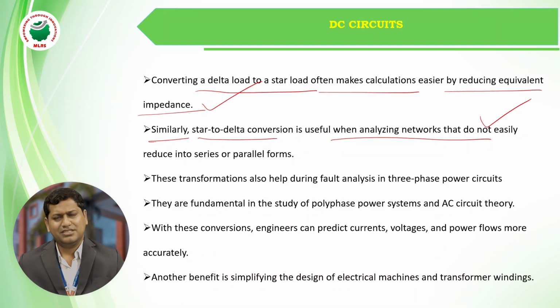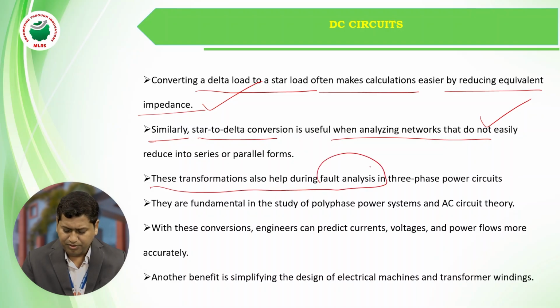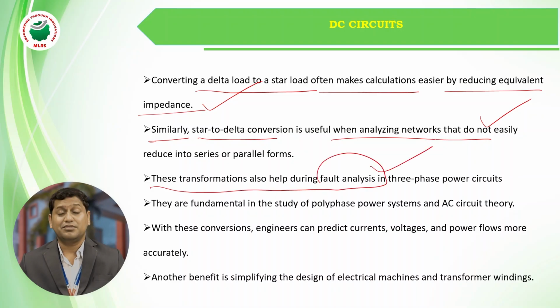Whenever resistances are in series, straight away we have a formula. Whenever resistances are in parallel, we have a formula. But whenever they are connected in star and delta, definitely you have to go with these standard formulas. These transformations also help during fault analysis in three-phase power circuits.